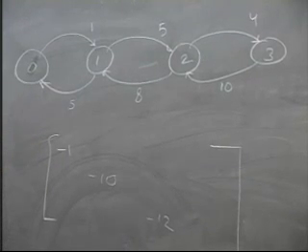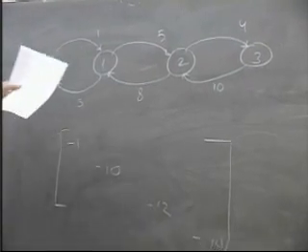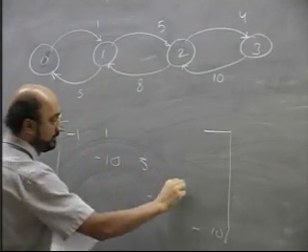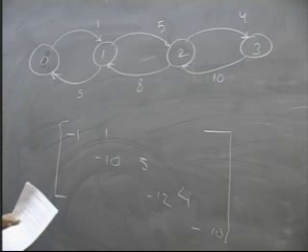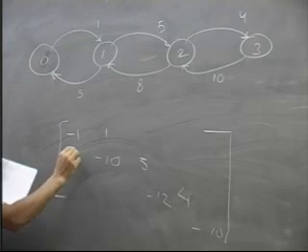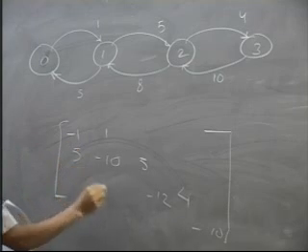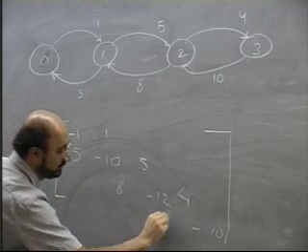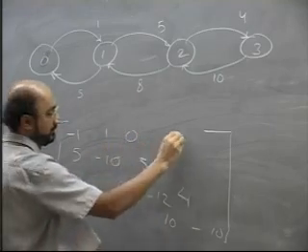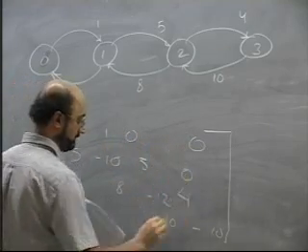Above the diagonals, we just write down the values along the top, which are 1, 5, 4. Below the diagonals, we write down the values at the bottom, 5, 8, and 10. And the rest are zeros.